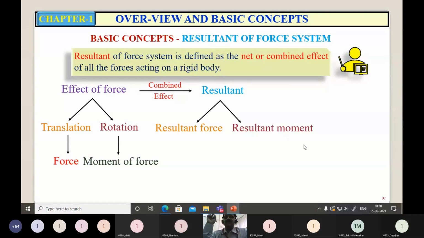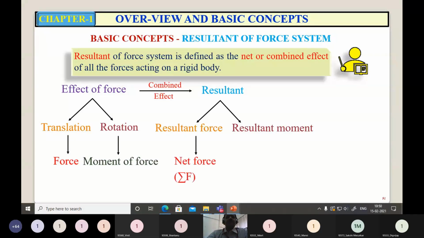There is a misconception that whenever you say resultant, it is necessarily a resultant force. Many times that force can be zero. When a force system is acting on a body, the resultant force may be zero. That doesn't mean that the resultant of that system is zero. It may have a moment. Are you getting my point?